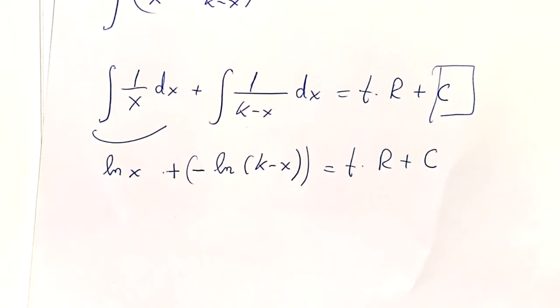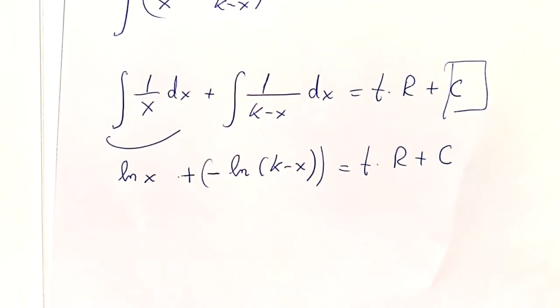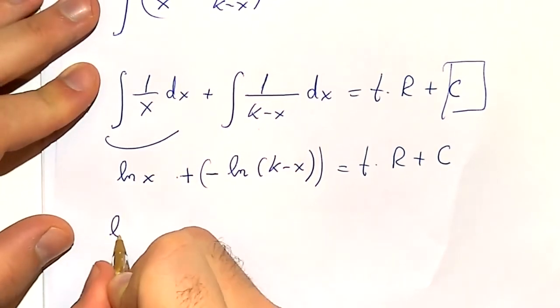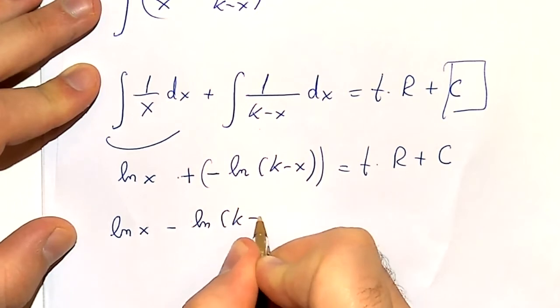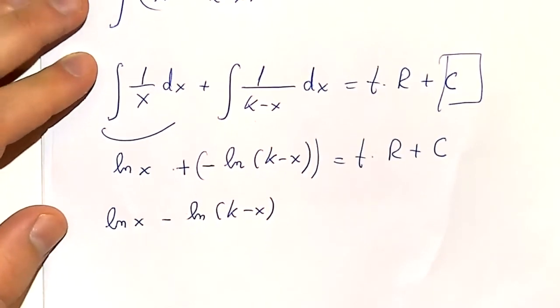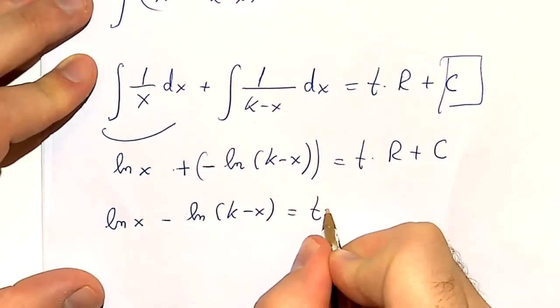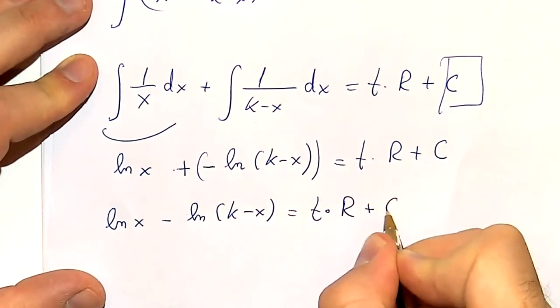So I don't need to care about that. Okay. Now, this is just equal to log of x minus log of k minus x is equal to tr plus a constant.